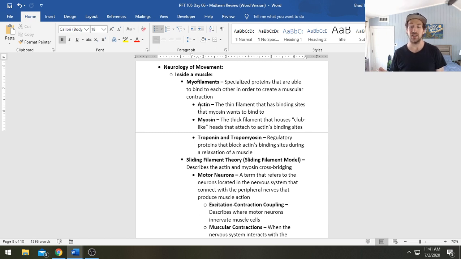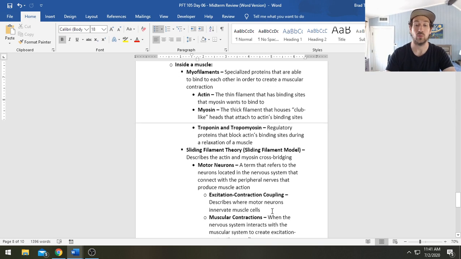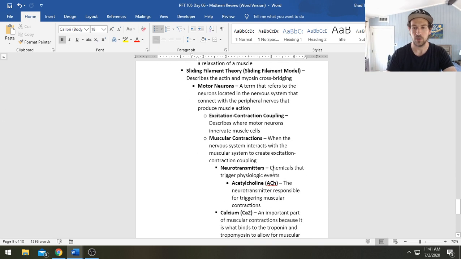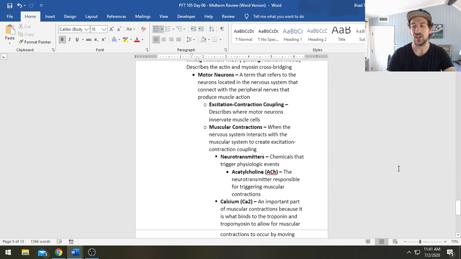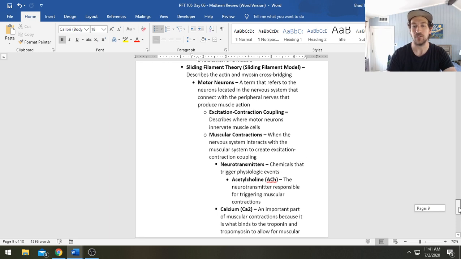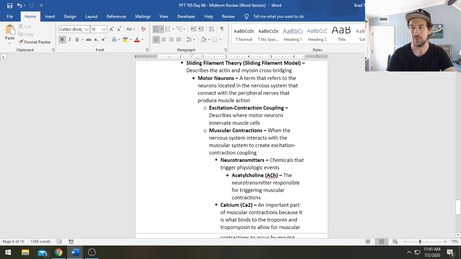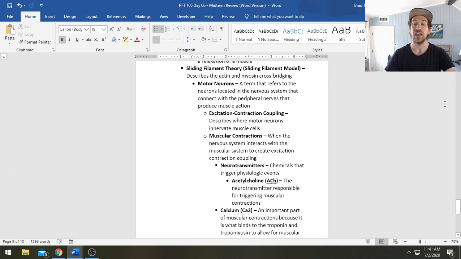So troponin is this little protein that likes to bind to calcium, and tropomyosin is a big long strand that actually covers the binding sites. And they're there to keep that from happening whenever we want to relax our muscle. So this whole process that we just talked about is called the sliding filament theory, or the sliding filament model. And that's basically describing how actin and myosin bind together to create muscular contractions.